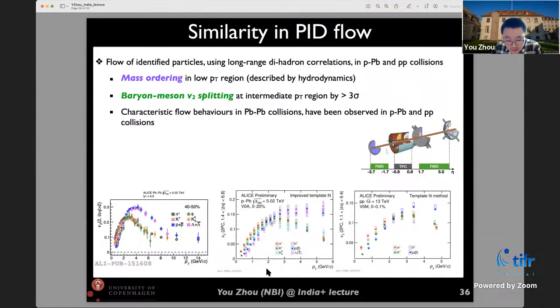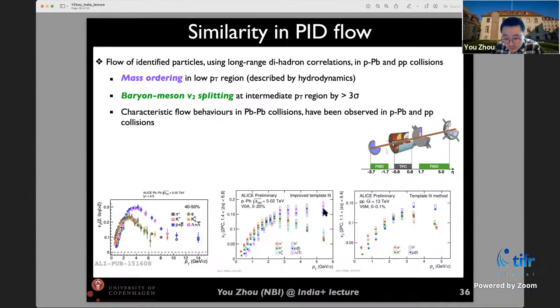And what we see is at low pT, there's a mass dependence up to 3 GeV. So the pion v2 is higher than the K0 v2, higher than the proton v2, higher than the lambda v2. And then if you go to pT above 3 GeV, you start to see two groups.